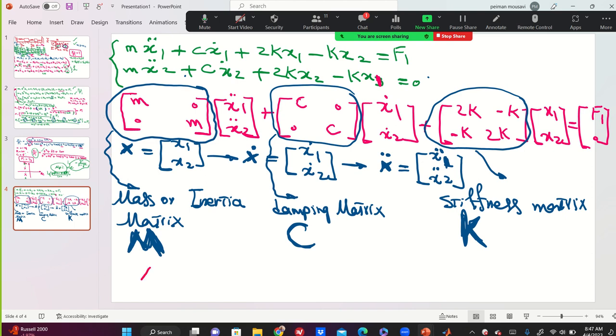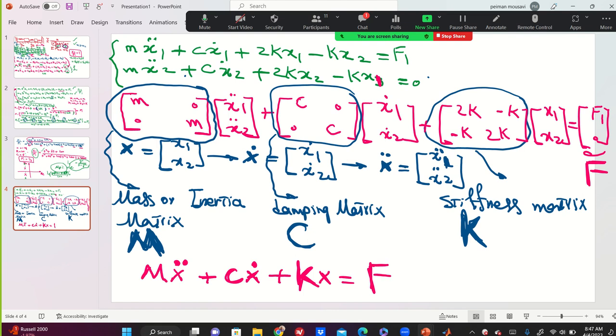So now you can say it is M x double dot plus C x dot plus K X, and I'm changing the force as capital F, is equal to F, and these are matrix, vector, matrix, vector, vector.